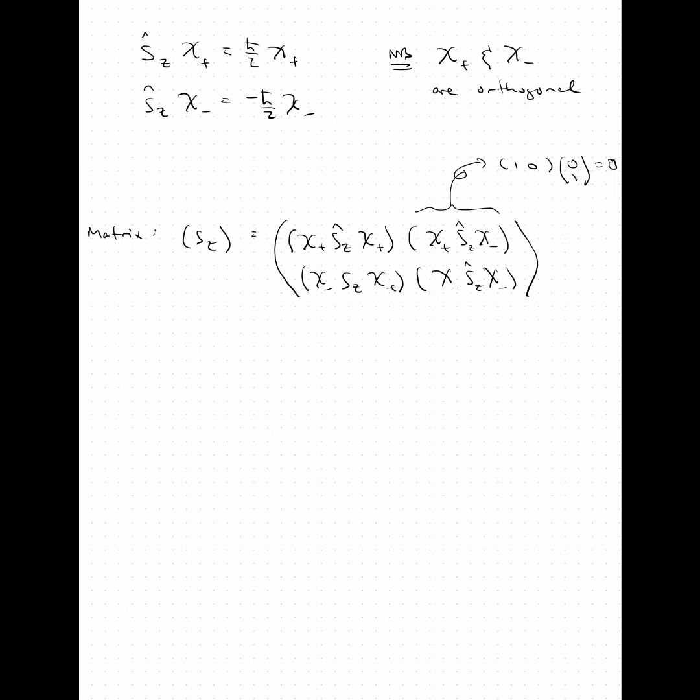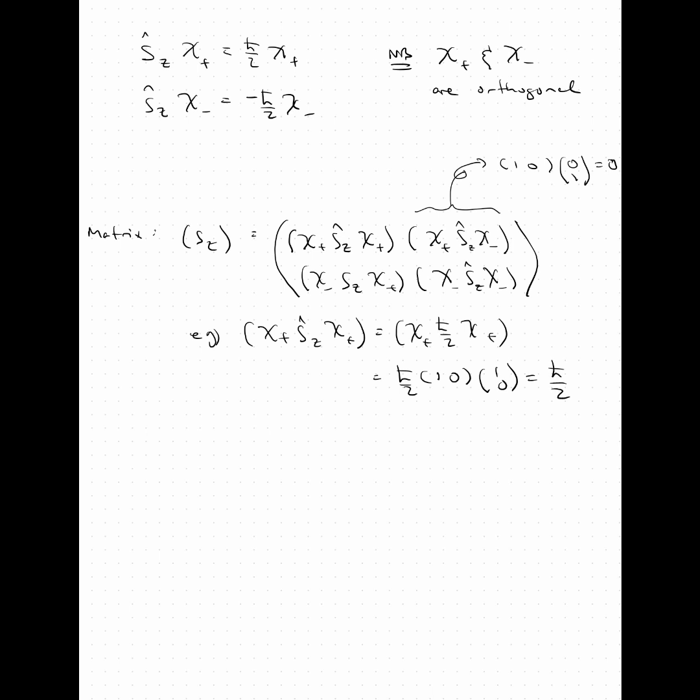Another example of the entries in the matrix is chi plus Sz chi plus, which is equal to chi plus h bar over 2 chi plus. That's equal to the row vector 1, 0 with the column vector, and in the end you end up with h bar over 2.